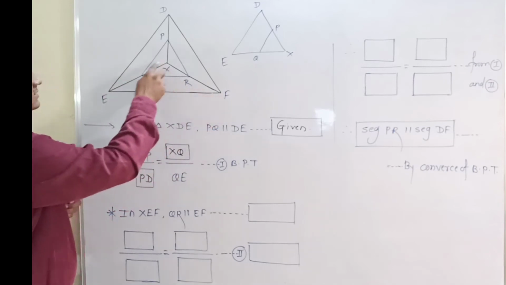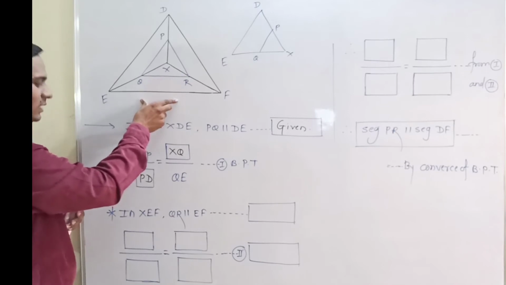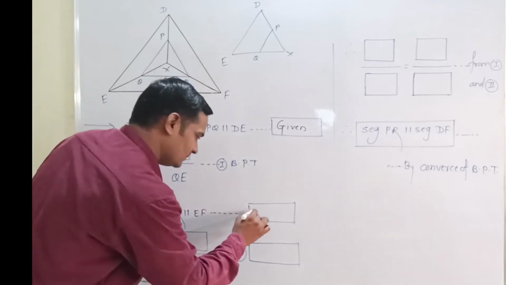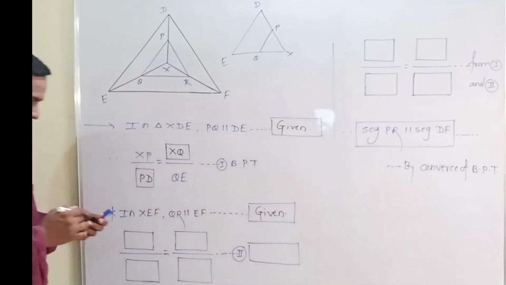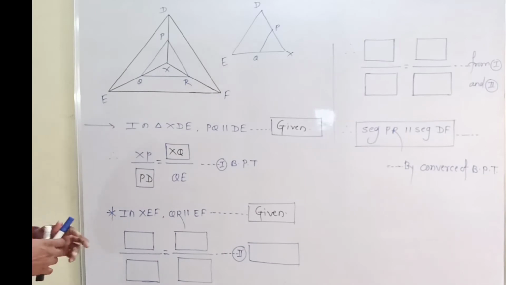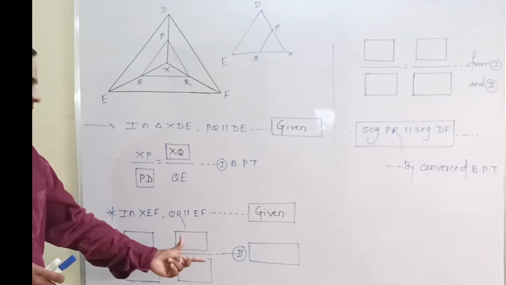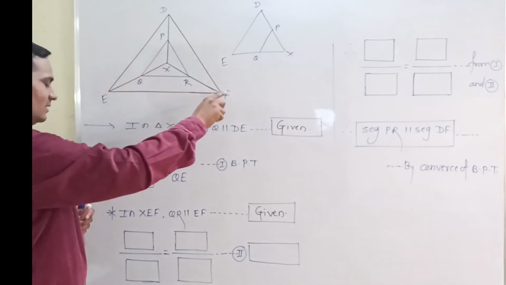Now where is that triangle? XEF. Now look at this triangle XEF, in which this QR is parallel to EF. Again QR parallel to EF, which is given. So we can write here given. Done. Now let's use the basic proportionality theorem just like equation number 1, and look at this triangle XEF.